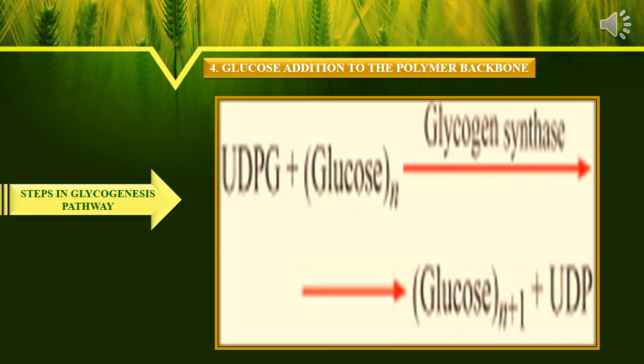So glucose is added to the polymer backbone. How, from UDP glucose? Glucose is added to the glycogen protein by means of the glycogen synthase enzyme. So many glucose molecules get attached to the glycogen protein from UDP glucose, and release of UDP occurs.